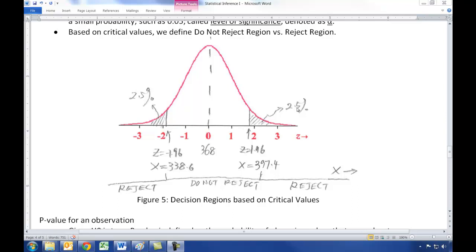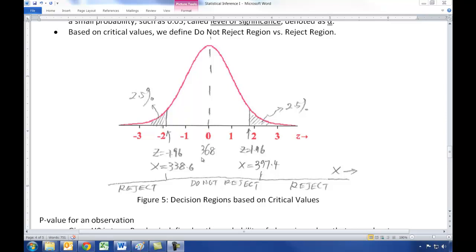Each accounts for 2.5% of the total probability. And with the knowledge of the z-scale, the standard normal distribution, we can calculate the two corresponding z-values. One of them will be 1.96. The other one will be negative 1.96.